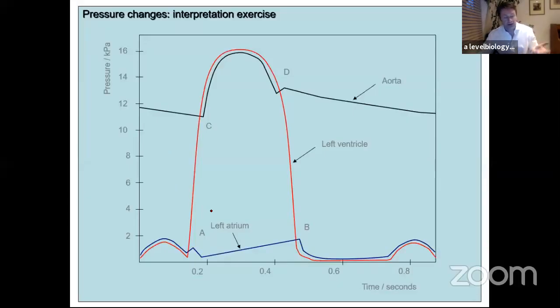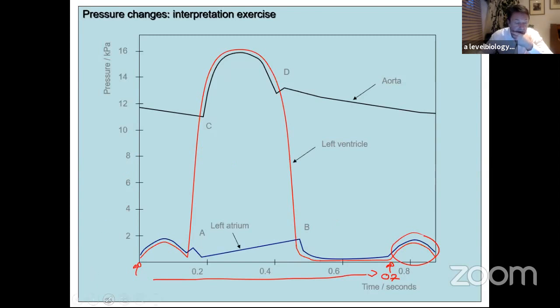Clear this and go back to, so here it is. This is your heartbeat. And the heartbeat going from 0 seconds to here, this would be 1 heartbeat going this length, and then it would be starting again here.